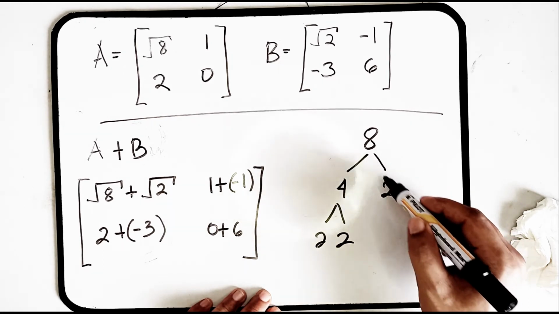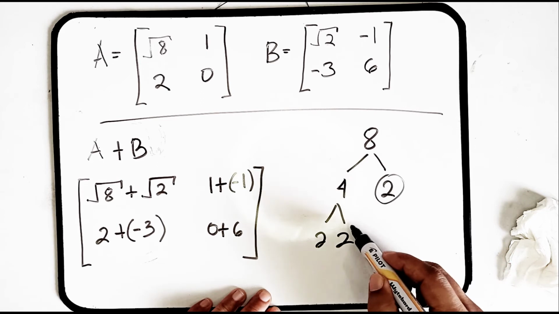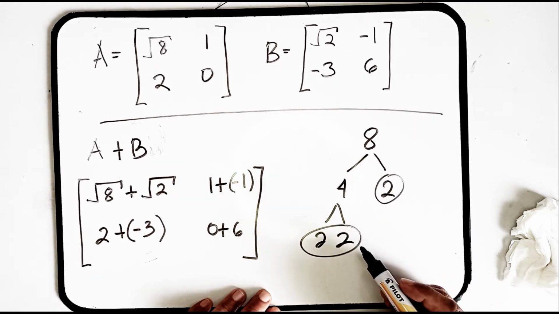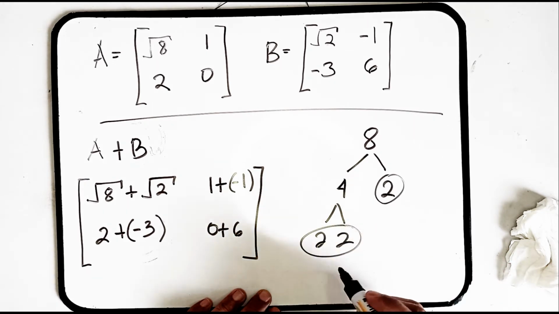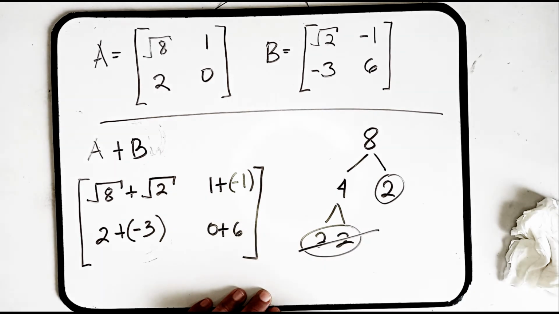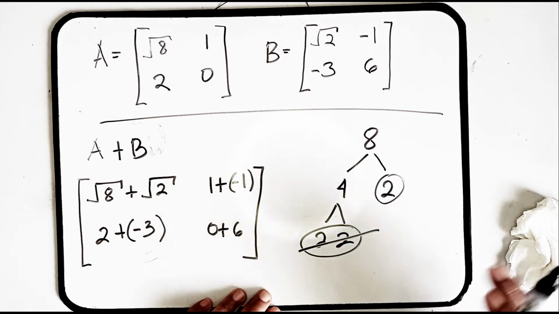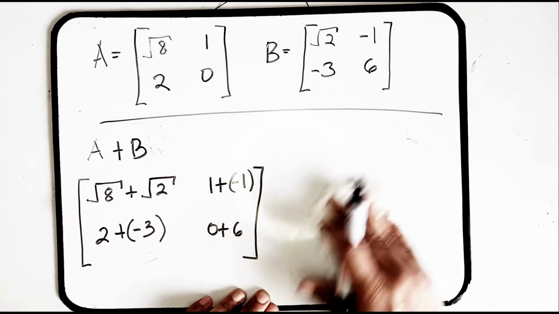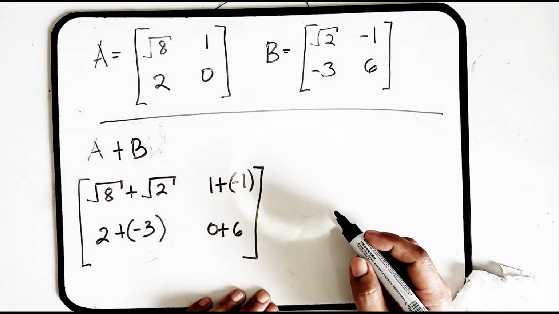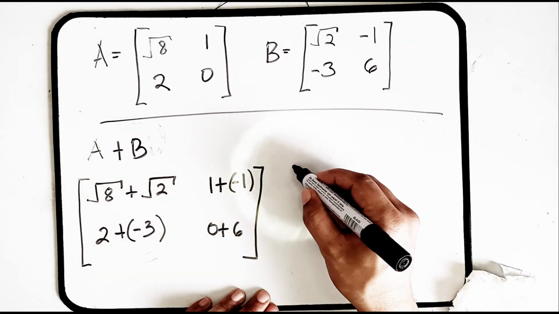So we have to look for the last node, and then we have to get rid of pairs. So this is 2 and 2. We have to get rid of the pairs. So the last remaining node is 2. So that is why what is left inside is 2.